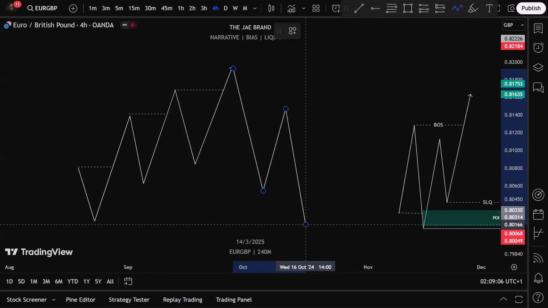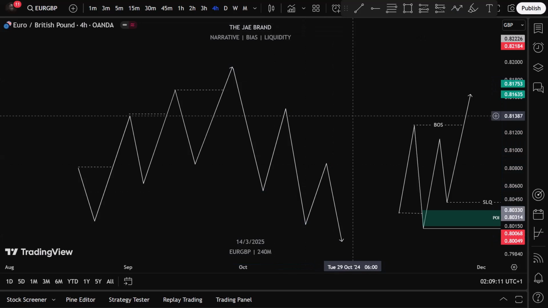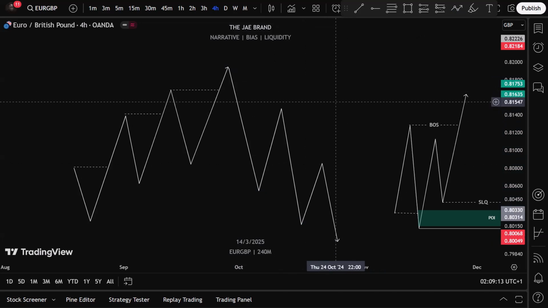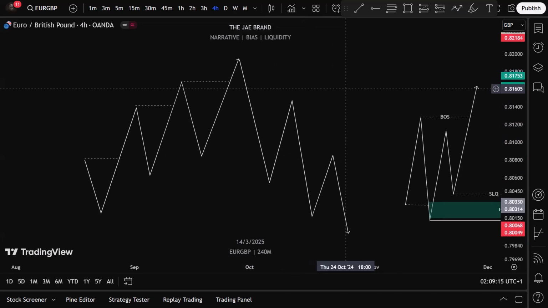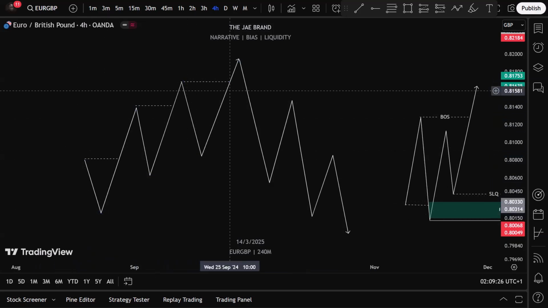Then the market comes down and so on. Now, this was what we were taught, but in the real life scenario, in the real market experience, it doesn't really work this way, even though this is important, especially when you are analyzing from a higher time frame.